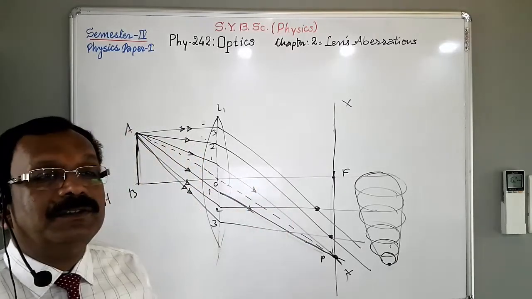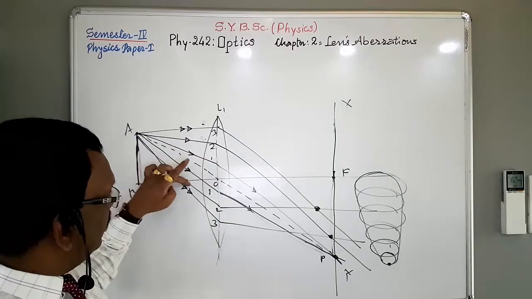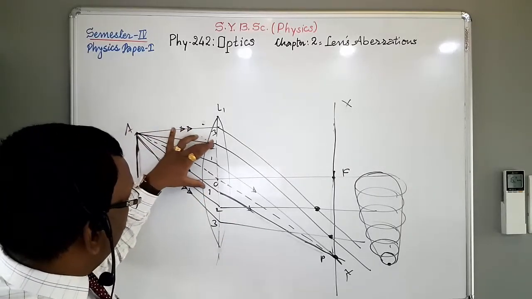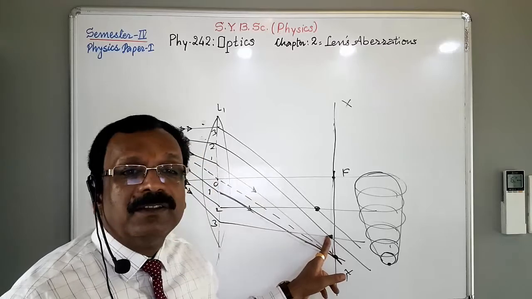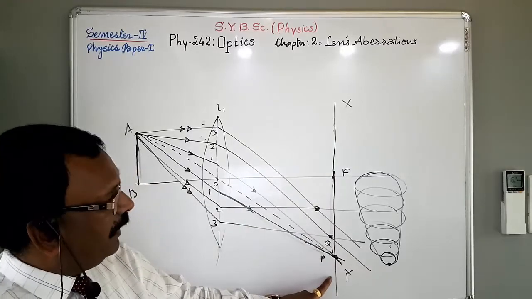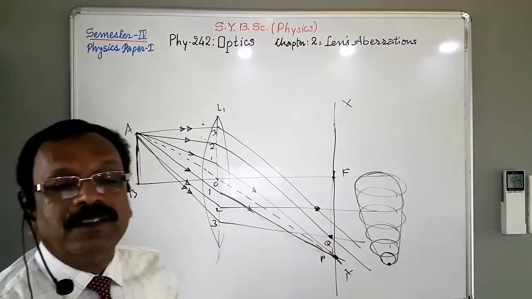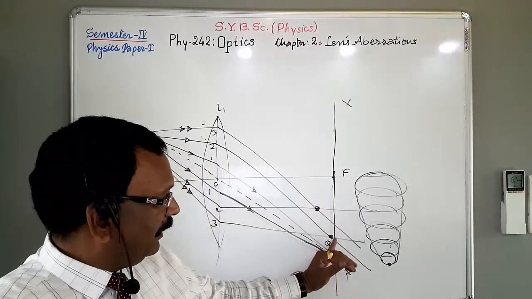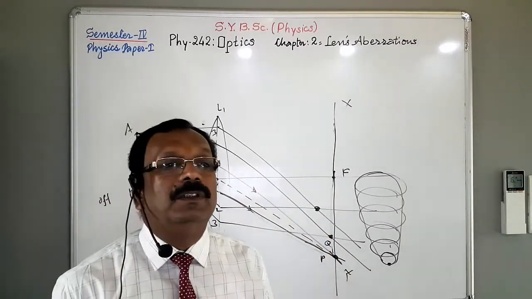Second type: the rays originating from A passing through the zone limited by the second zone, after refraction intersect here at point Q. See here, point P is exactly on the screen XY, but point Q is not on the screen XY; it is a little in front of the screen XY, which is limited by zone 2, 2.